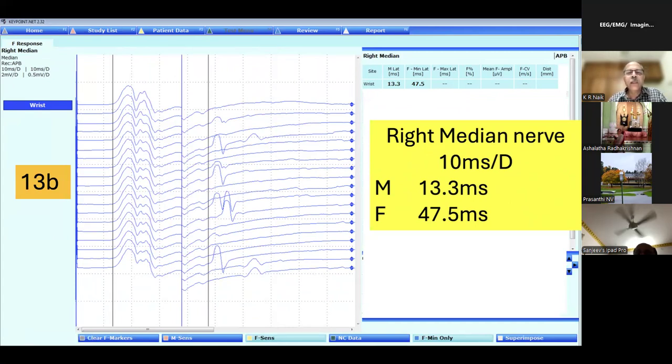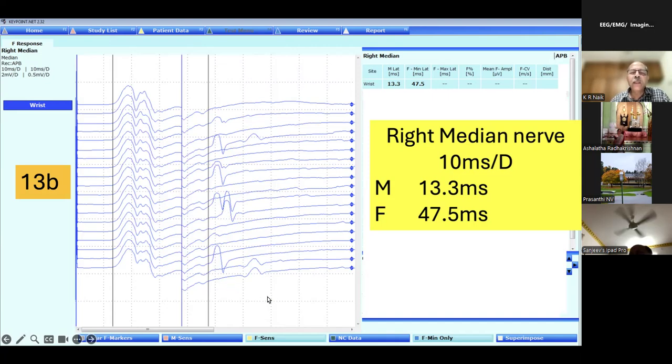CMAP duration should be less than 8 milliseconds with normal conduction. Even when you do F, the duration should be less than 8 milliseconds. Distal latency is increased in the M, so there is demyelination, in addition to dispersion of the CMAP. F is delayed, so there is a demyelinating disorder.